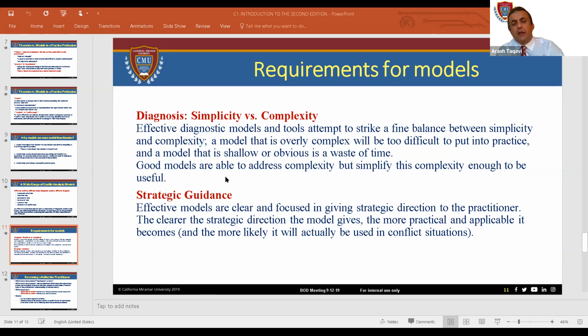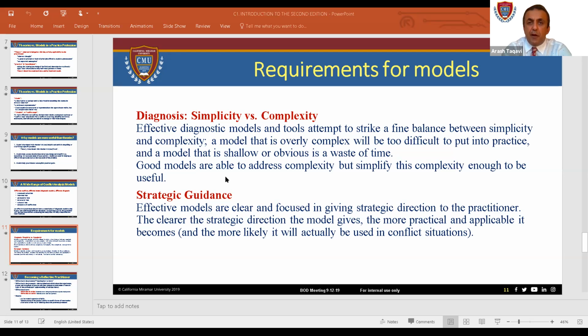And also in analyzing, we talk about the triggers of the conflict, what points and what causes can trigger a conflict, especially very repeatable models of conflict between people. The clearer the strategic direction the model gives, the more practical and applicable it becomes.